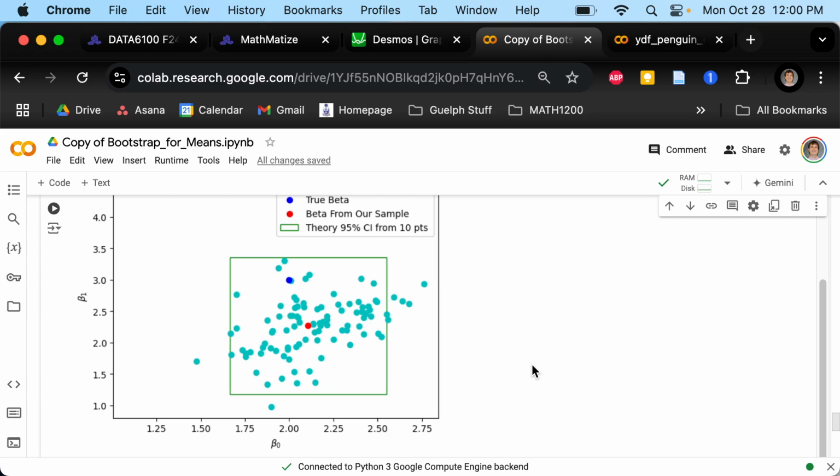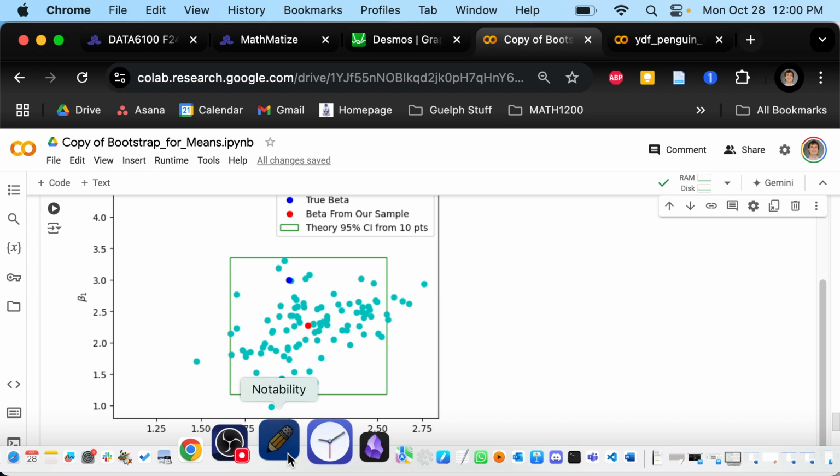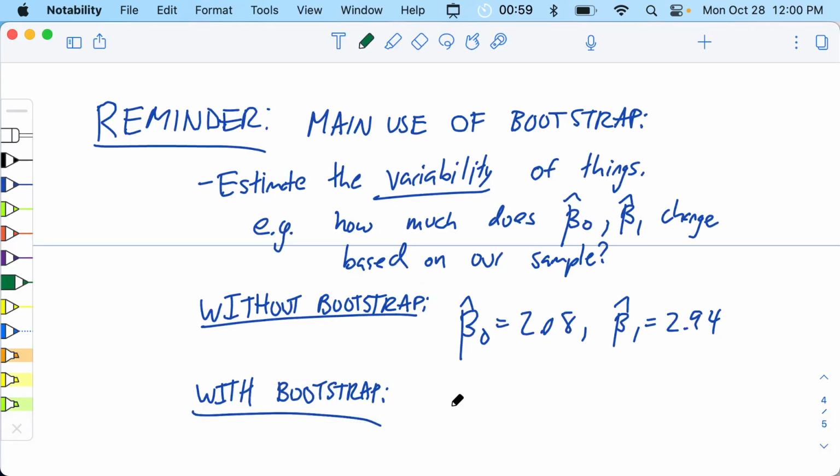You can say that 95% of the time it's between these. So I could very realistically write down 2.08 plus minus 0.2. I can write that. So I can say beta hat 0 equals 2.08, and this is the new part, plus minus 0.2, and you can say 95% confidence interval.